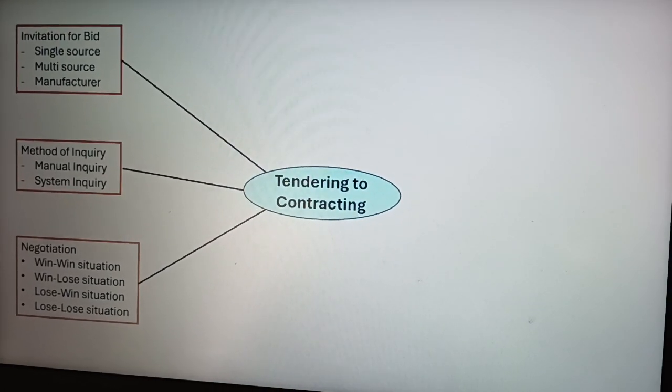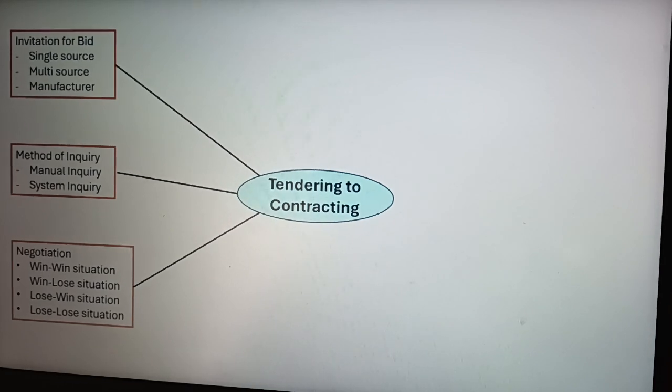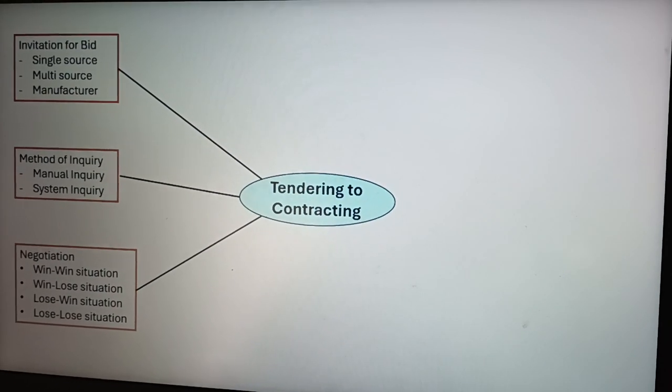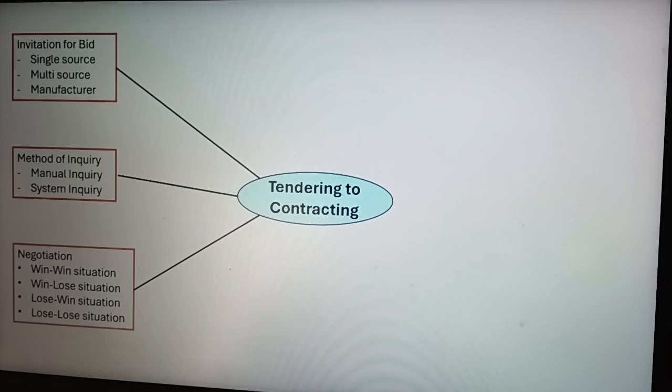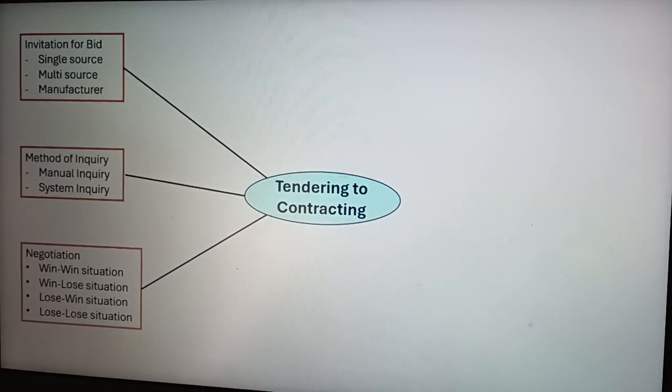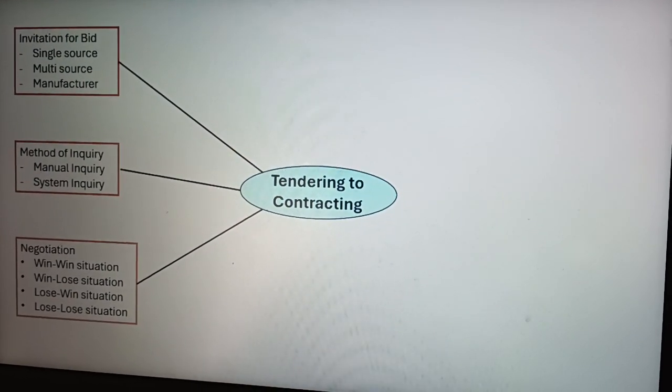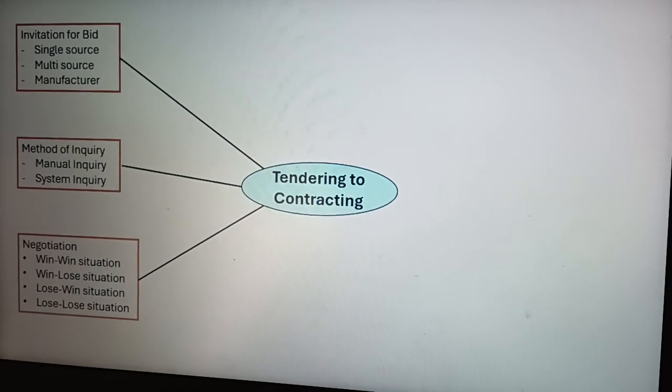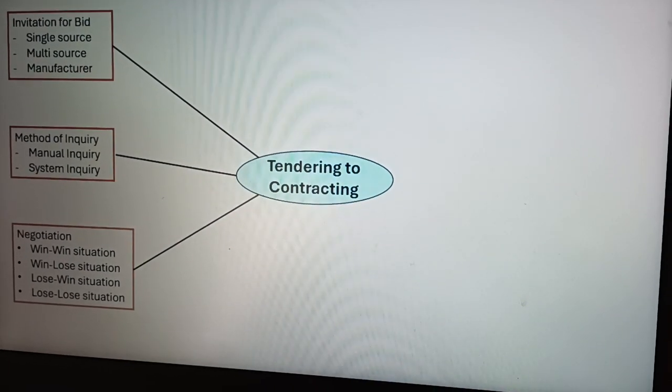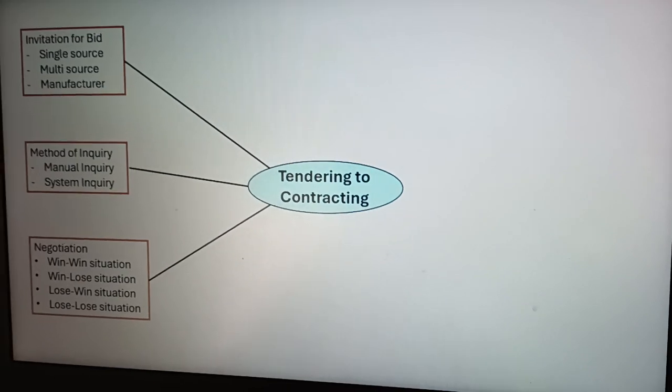No buyer thinks, I have to get this material at very high prices, nor does the contractor or bidder say, I will give you the product or material at very high prices.